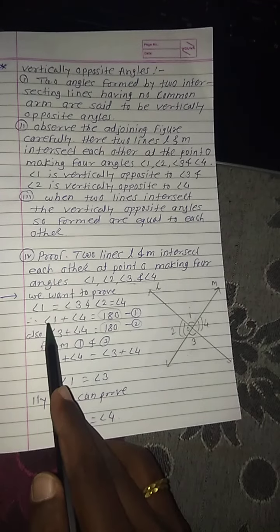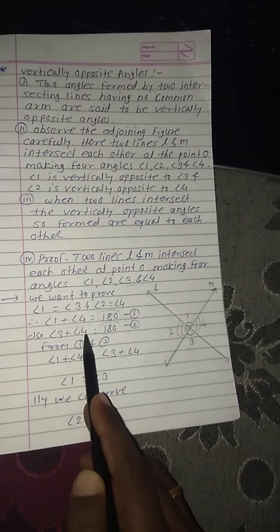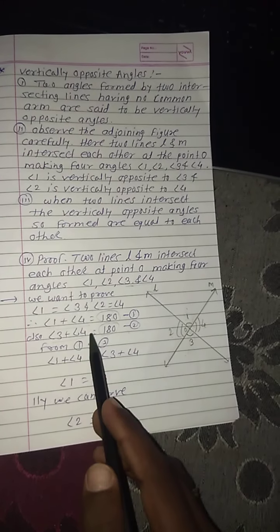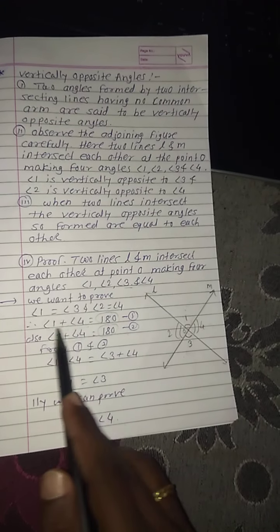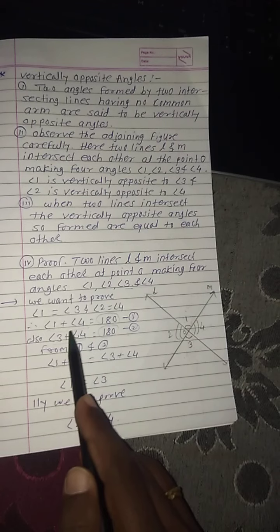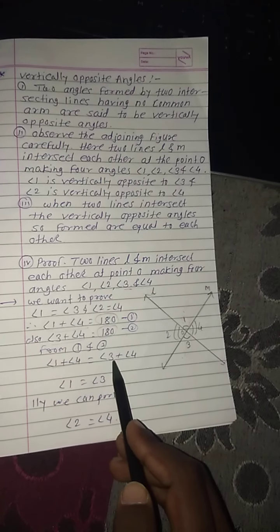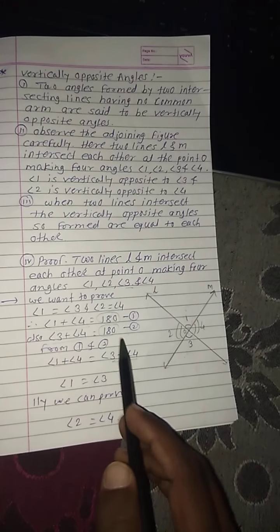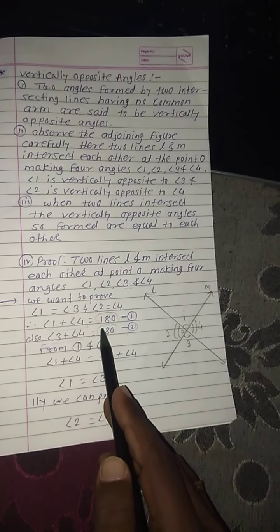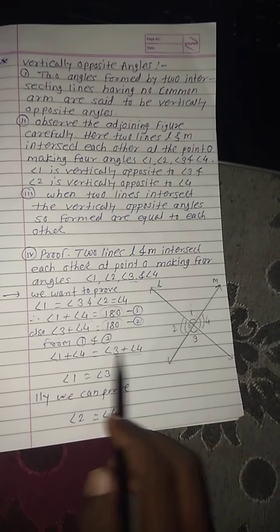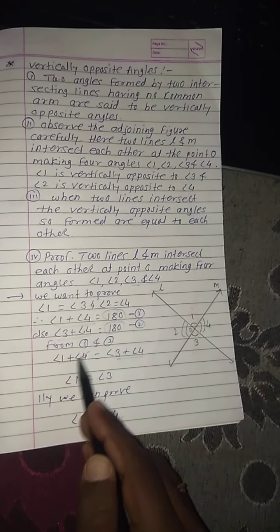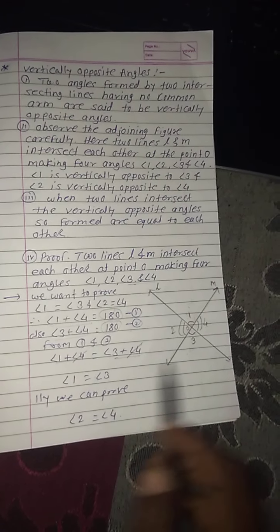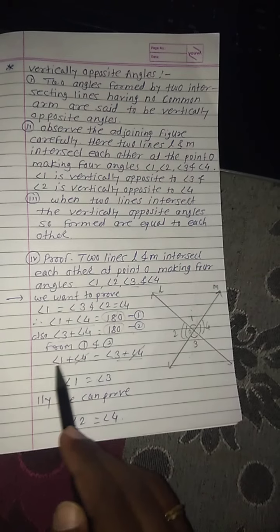Can I write like this? These two are the same because they have the same measurement. From 1 and 2, I'll write angle 1 plus angle 4 is equal to angle 3 plus angle 4, because they have the same measurement, 180 degrees and 180 degrees. Now you observe that this angle 4 on both sides cancels.